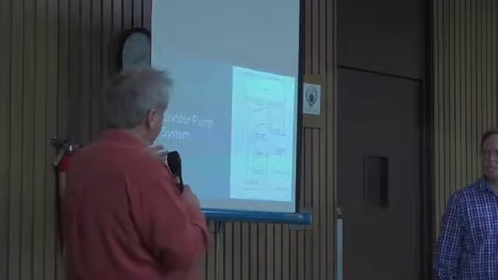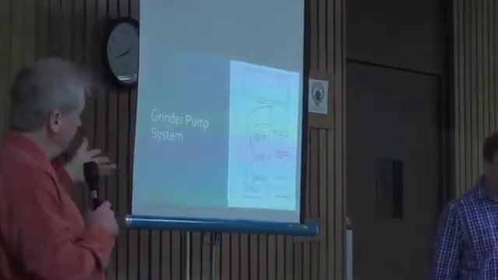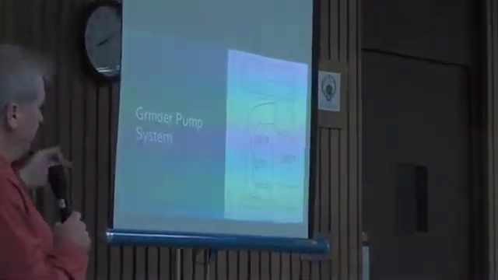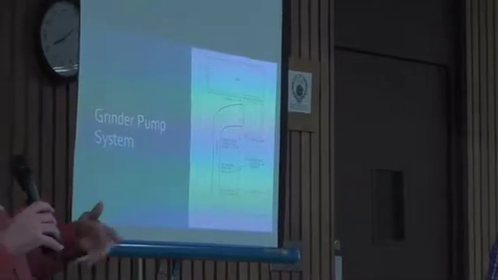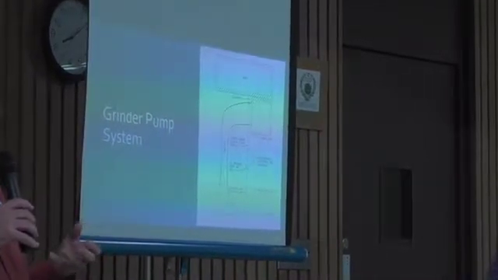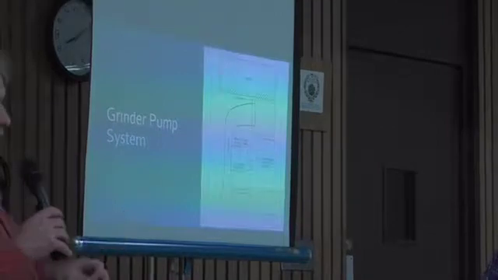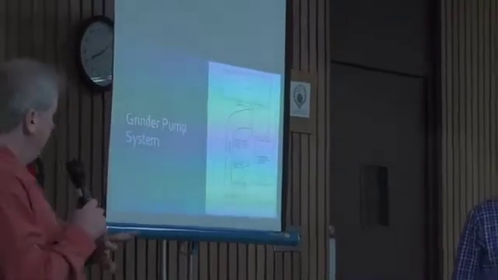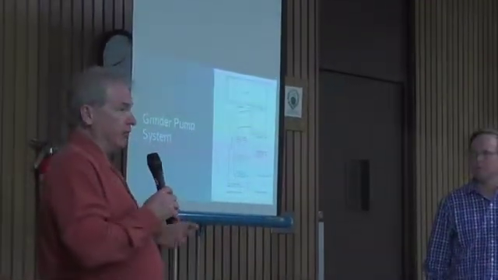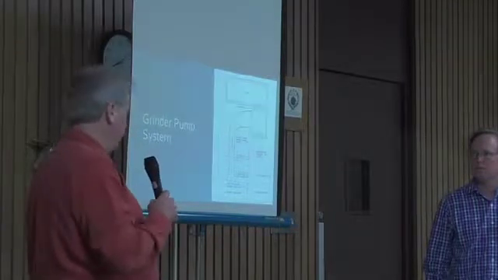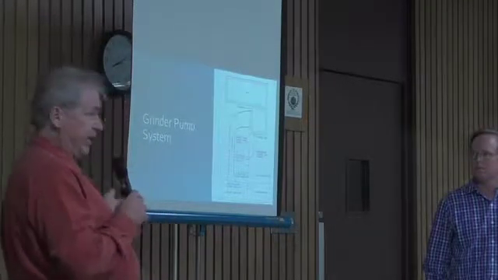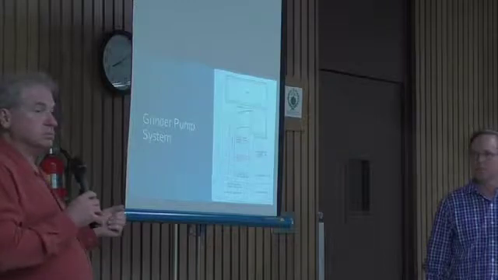So the system we ended up finding the most cost effective is a grinder pump system, where we simply pump the raw sewage completely with no solids removal at the household, and we pump it all to the treatment plant as raw sewage and treat it all at the treatment plant. That eliminates the need for a septic tank at all.